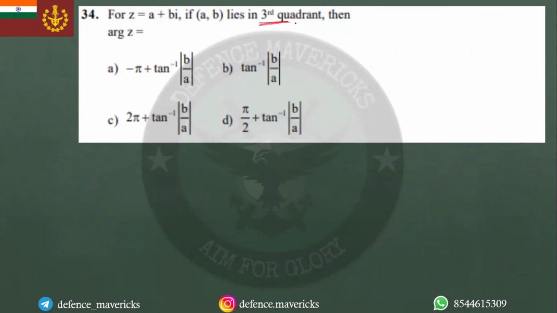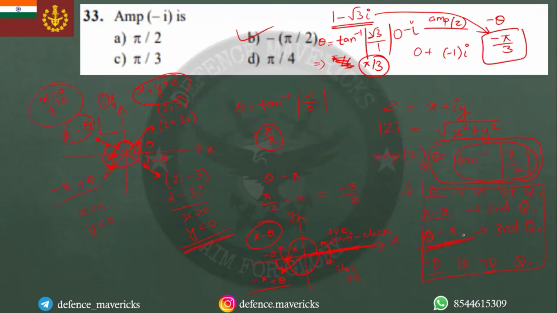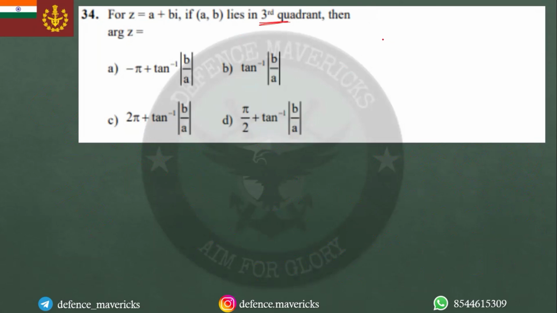I mean, if it is in the third quadrant, what will be the amplitude? What happened in the third quadrant? Remember? It was theta minus pi. You can also write this as minus pi plus theta. And what was theta? Tan inverse mod of b by a. Meaning we had written y by x, nothing but tan inverse b by a. So this was our theta, so theta minus pi, this should be the answer. Meaning minus pi plus this, so it will be this. Okay, which quadrant's answer is this? This is the first quadrant's answer. Which quadrant is this? This is not any answer. Pi by 2 plus theta is not an answer.